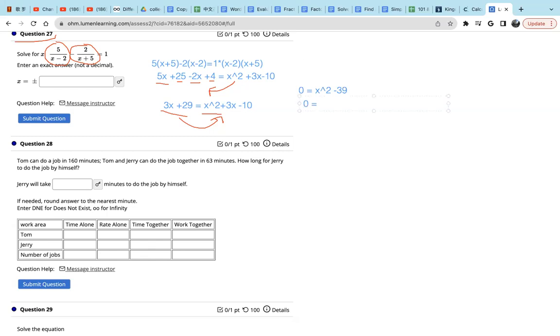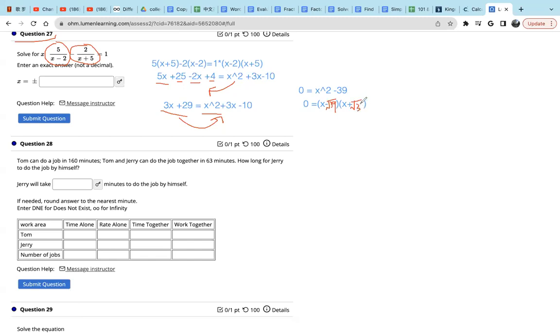So 0 equals, we can factor this, treating it as a difference of 2 squares. x minus square root of 39 and x plus square root of 39. Let me just write those 2 factors. So x minus square root of 39 and x plus square root of 39.